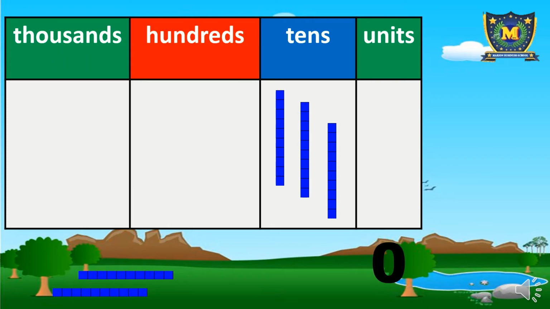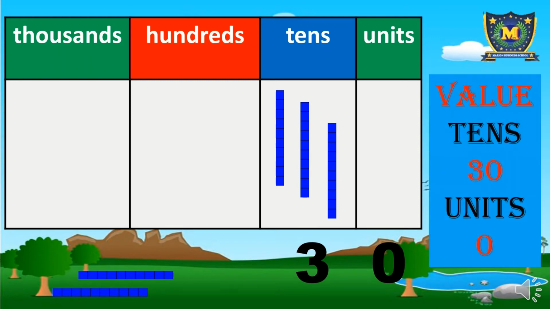Then continue on the tens place. We have here 3 rods. Now let's look at their value. The value for units is 0 and the value for rods is 30, because 1 rod is equal to 10 and we have 3 rods. So 10 plus 10 plus 10 is equal to 30.